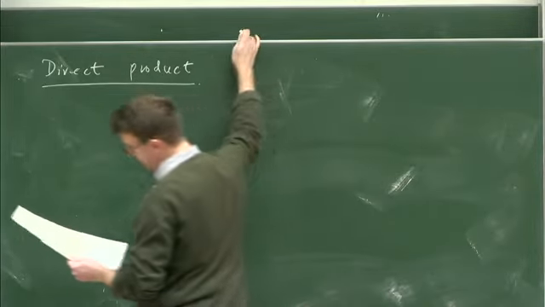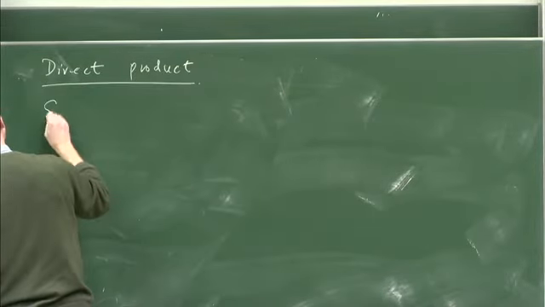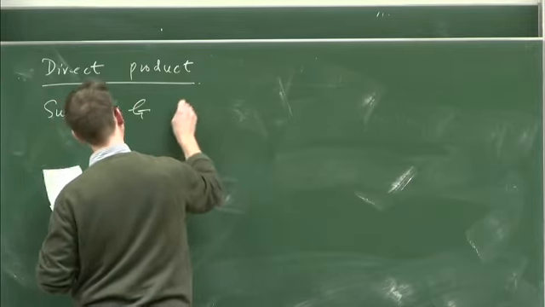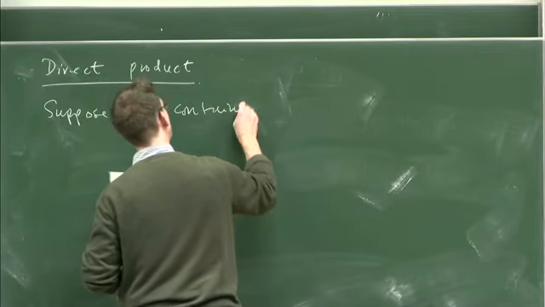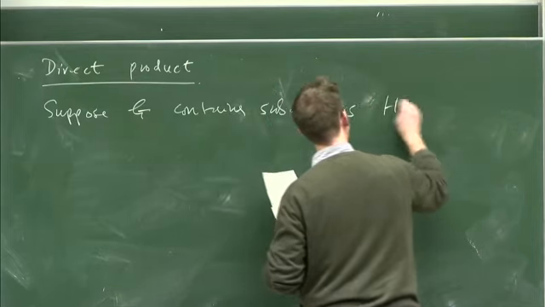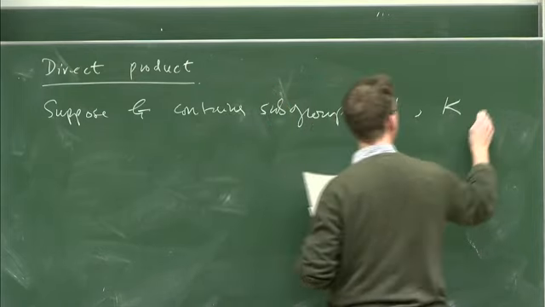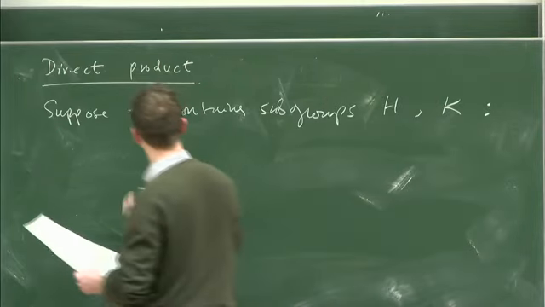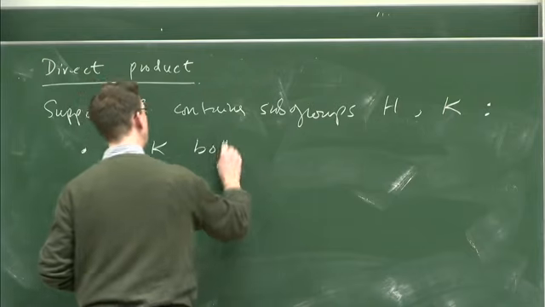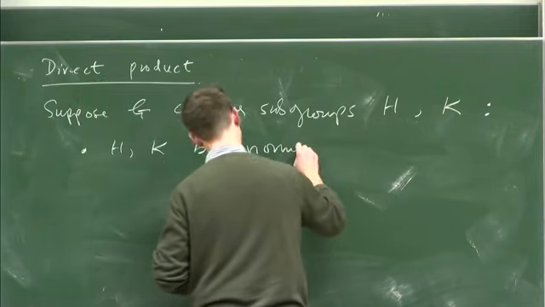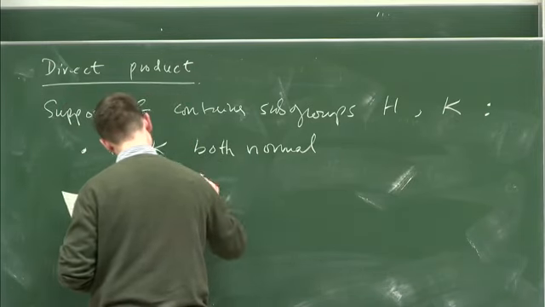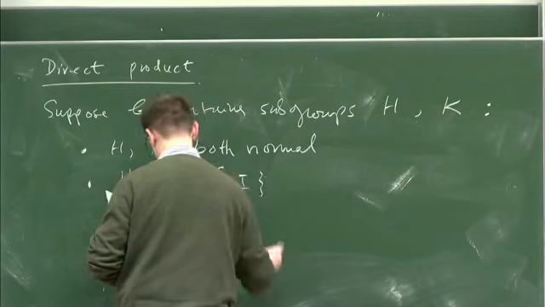So a direct product: I'm going to suppose G contains subgroups H and K, which have the following properties. H and K are both normal. Their intersection is only the identity element.